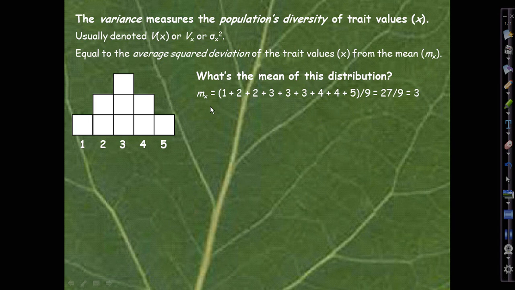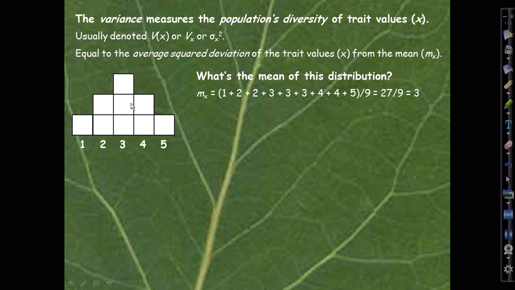You know how to do it the grade school way. You just add up all the observations, which are 1. Right, this individual has a value of 1, and then 2 and 2. There are 2 of those. Then 3 and 3 and 3, 4 and 4, and 5. It's a total of 9 observations, so we'll divide that sum by 9. That's 27 over 9, which is 3.